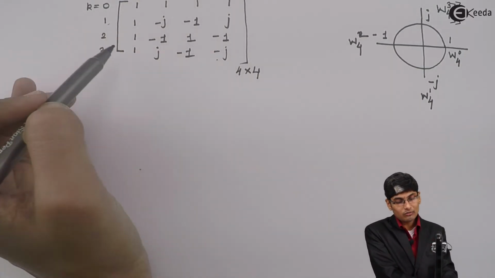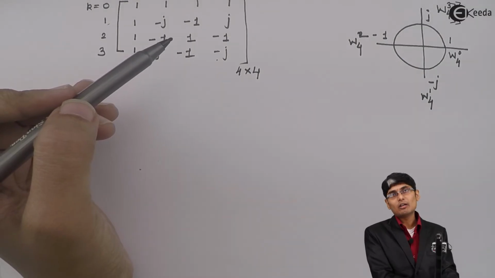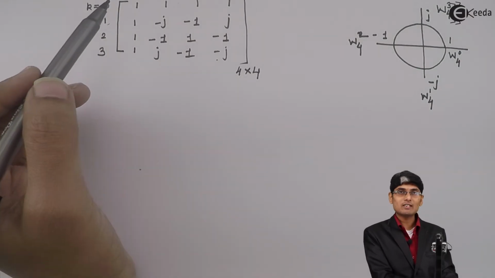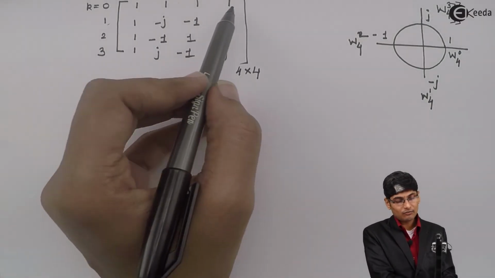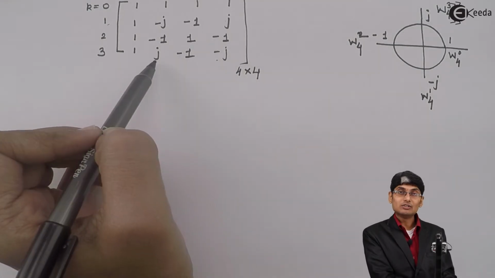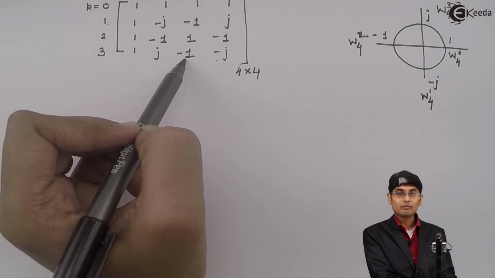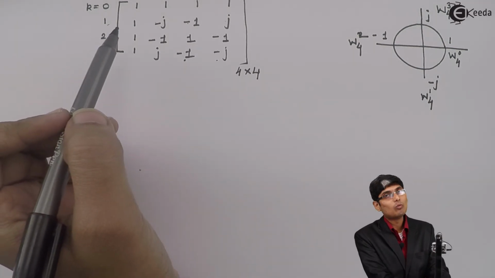So this will always happen whenever you have a 4-point DFT or a 4 cross 4 matrix in a DFT. So this matrix will always occur. So it is really easy. First row, first column 1, minus j, j, j, that is the diagonal elements, minus 1, minus 1, minus 1, minus 1 and then center you write with 1.